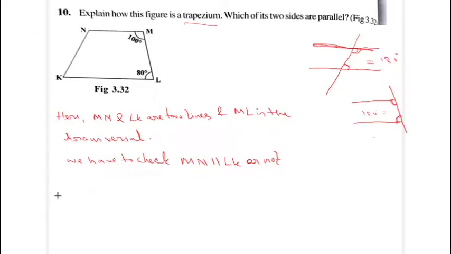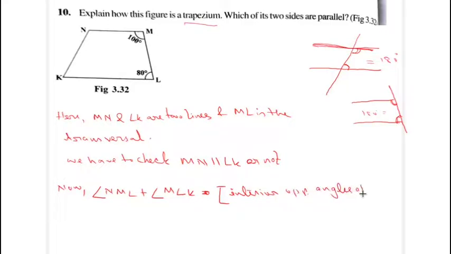Angle NML plus angle MLK are interior opposite angles on the same side of the transversal.